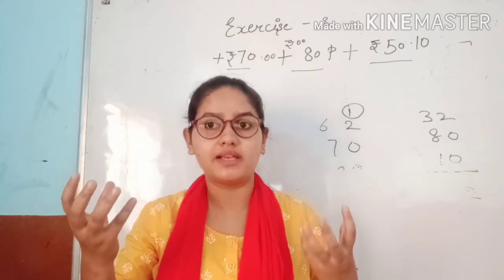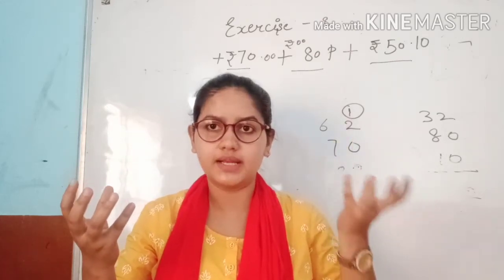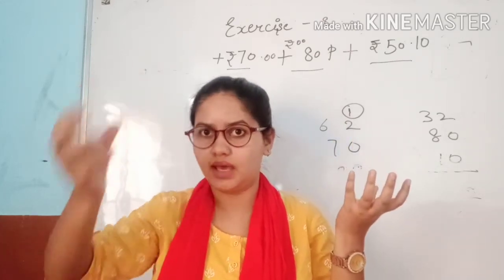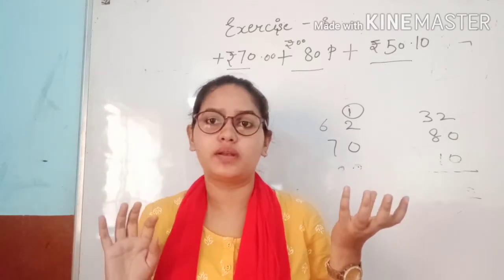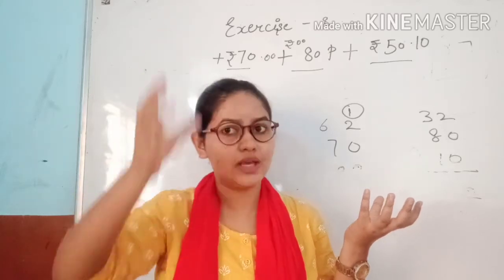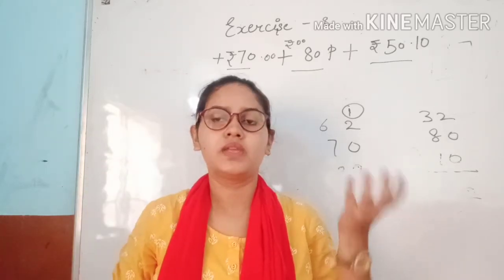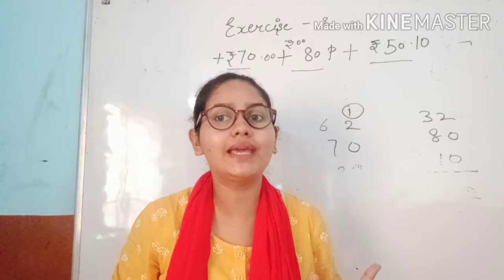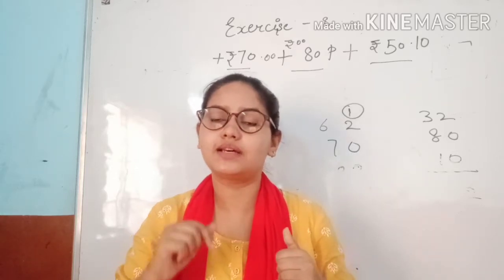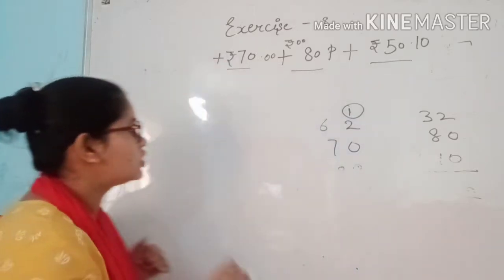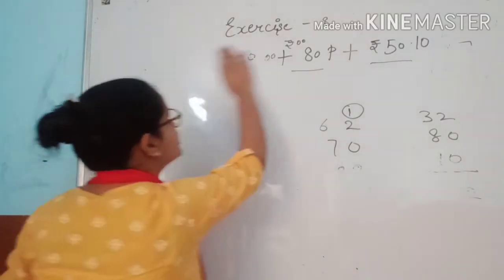When we see the paisa answer is there in any answer column, A, B or C, then tick that one. If the paisa section is equal, which means they are the same, then what you have to do is quickly add the rupee section. Then you will get the answer fast. Okay, so by this method you can solve your sum.